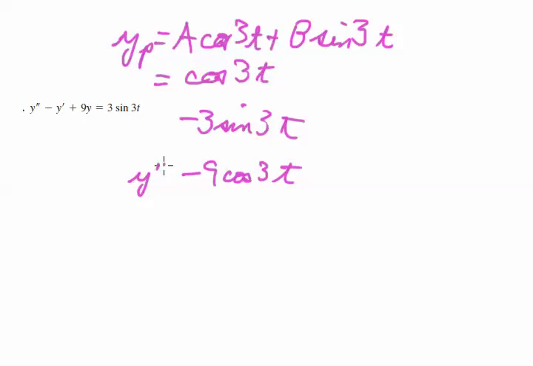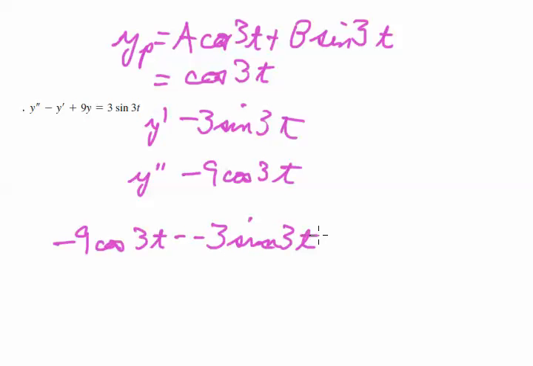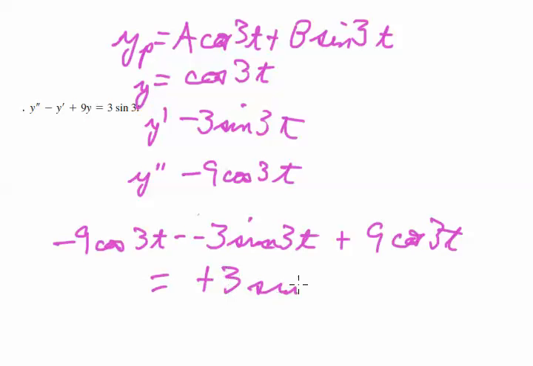So y double prime minus y prime: negative 9 cosine 3t minus negative 3 sine 3t, plus 9 times y, which is cosine 3t, is equal to positive 3 sine 3t.